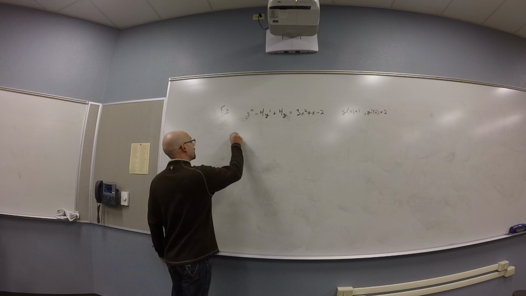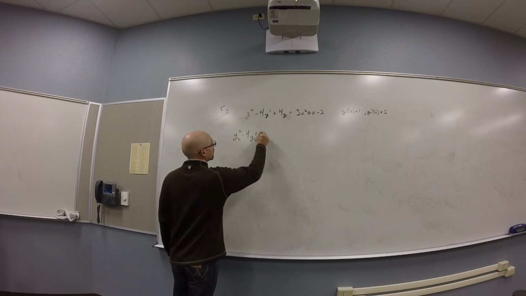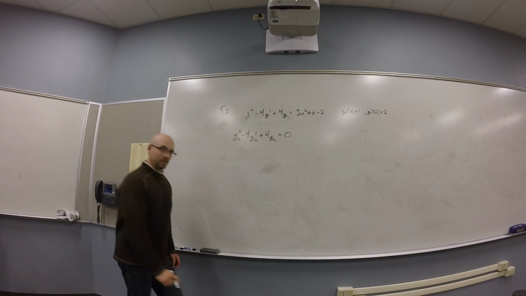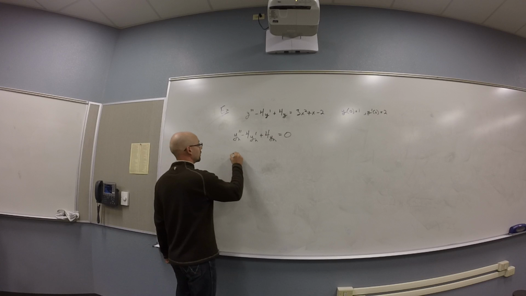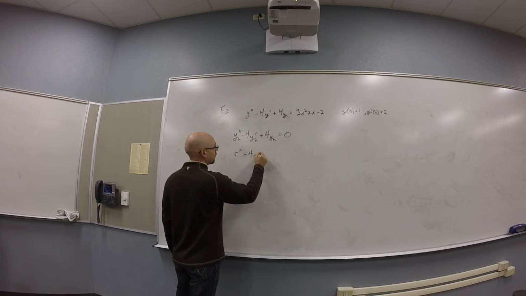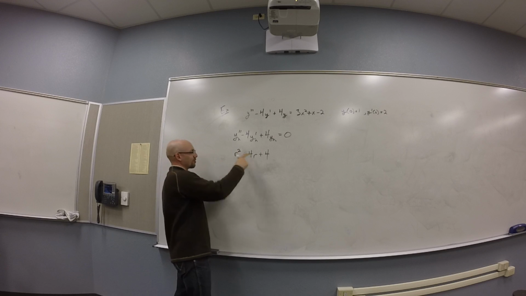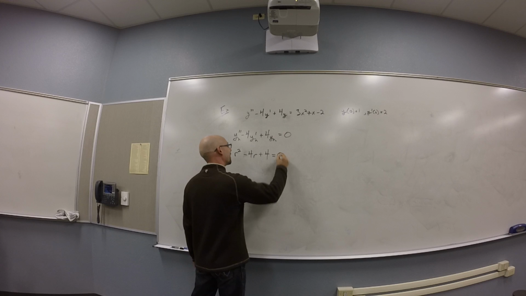It's a repeated root. So make the associated homogeneous equation, then go to the r's. So you get r squared minus 4r plus 4 equals 0.